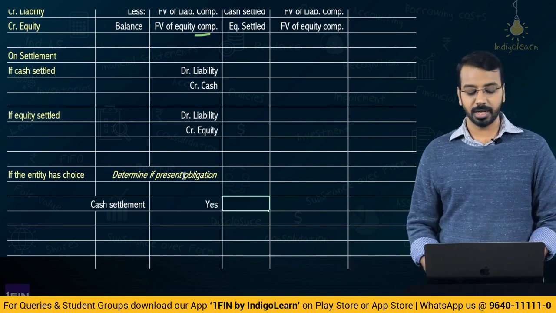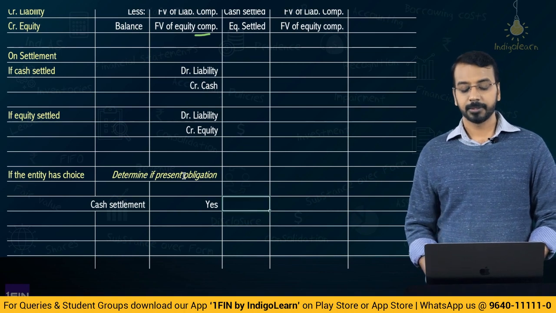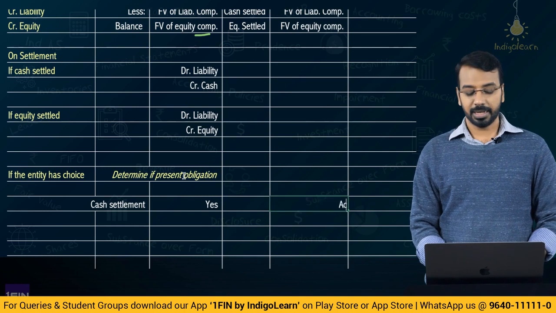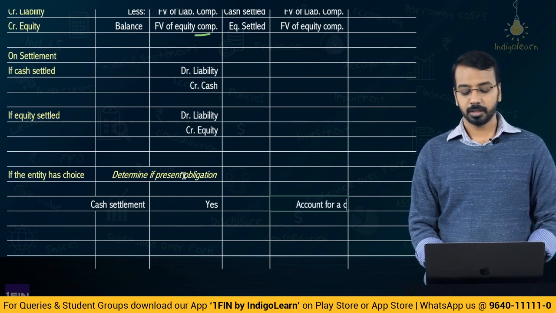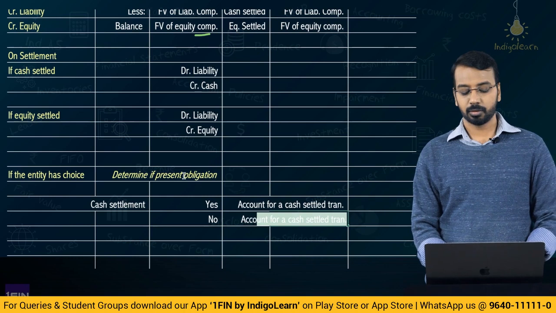If the answer to this is yes, then you will account for a cash settled transaction. If the answer to this is no, you will account for an equity settled transaction.